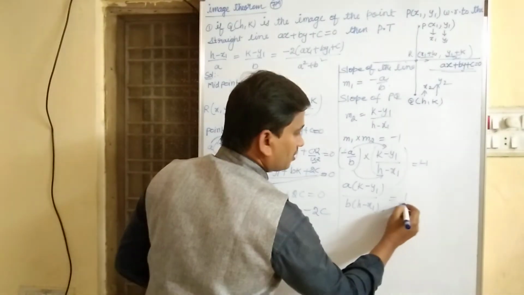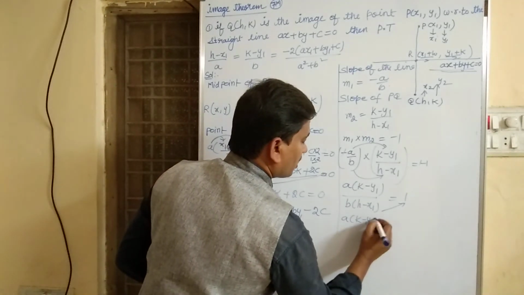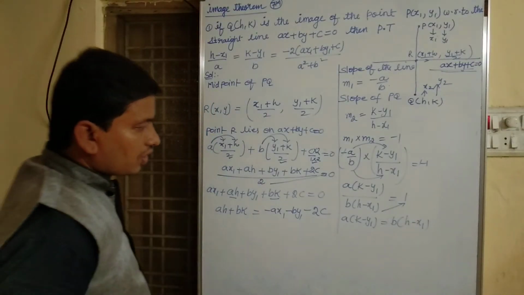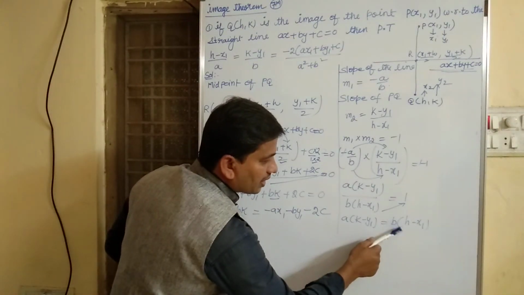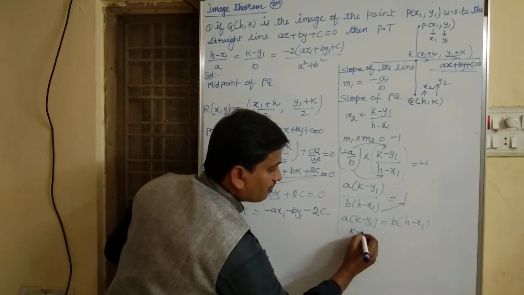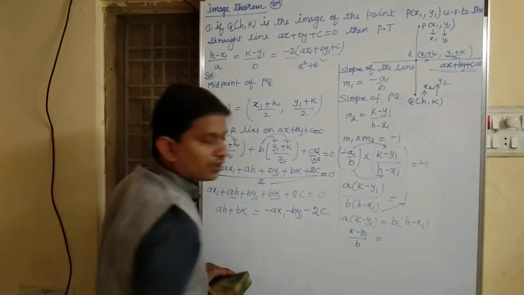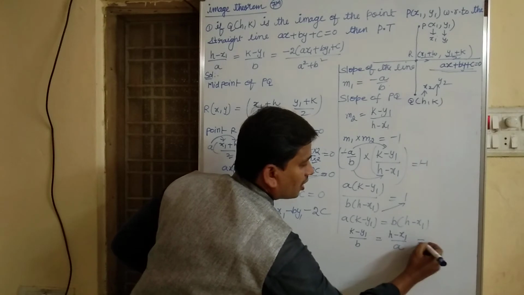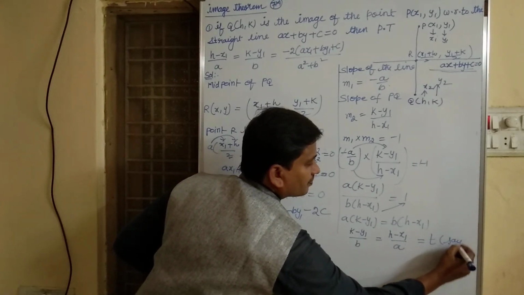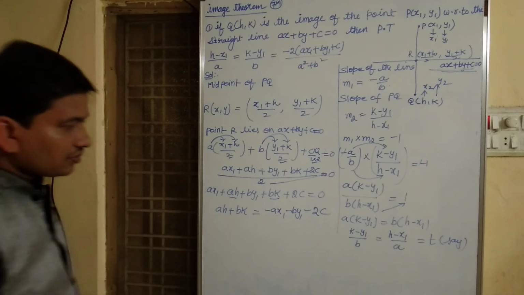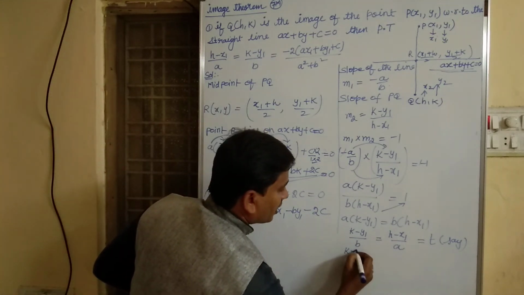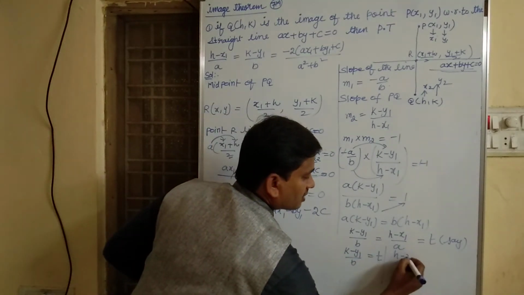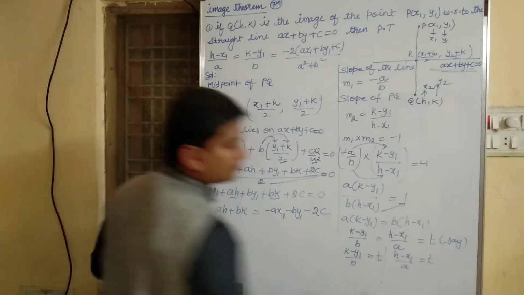So cross multiplication, a into k minus y1 is equal to b into h minus x1. Right? What to do, children? As b is multiplying here, transpose, it will become k minus y1 by b. As a is multiplying, you transpose, it will become h minus x1 by a. Let it be considered as t, children. I mean, let us equate k minus y1 by b is equal to t, as well as h minus x1 by a is equal to t.